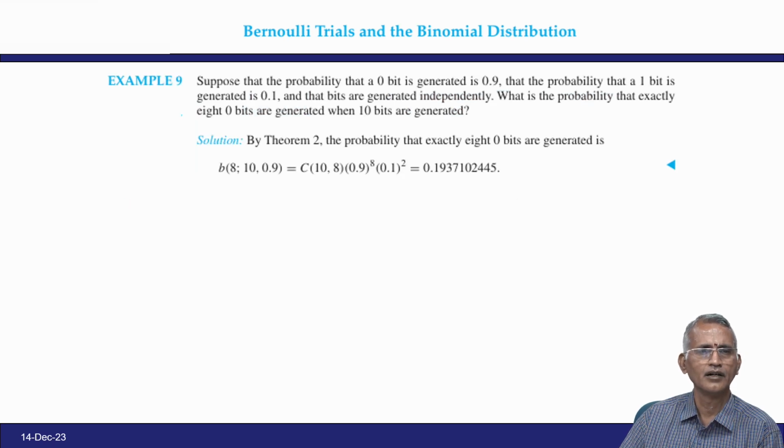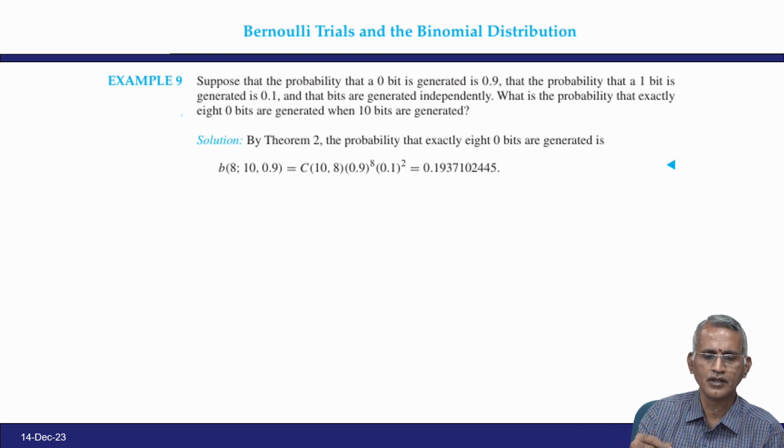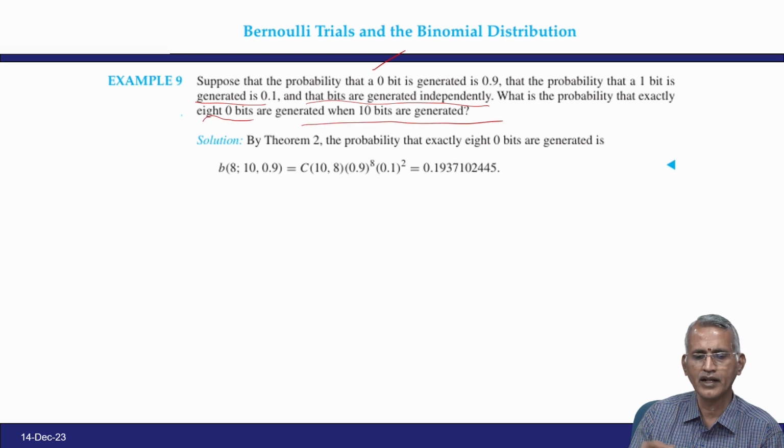Now, we have a problem related to Bernoulli trials and the binomial distribution. Suppose the probability that a 0 bit is generated is 0.9, the probability that a 1 bit is generated is 0.1, and that bits are generated independently. What is the probability that exactly 8 0 bits are generated when 10 bits are generated?